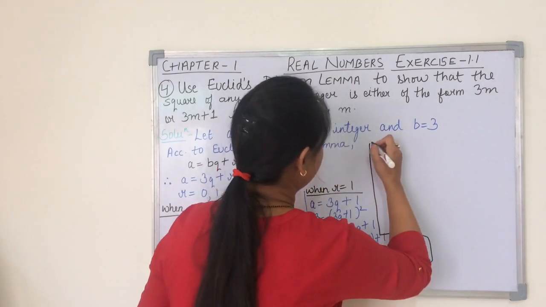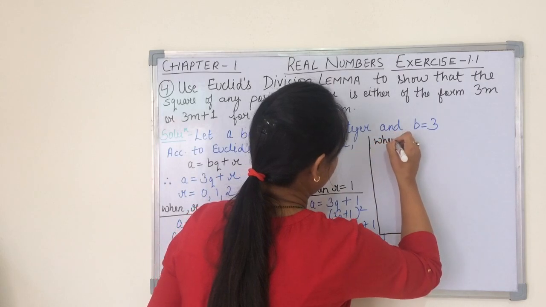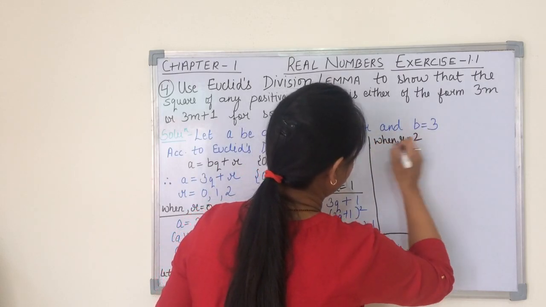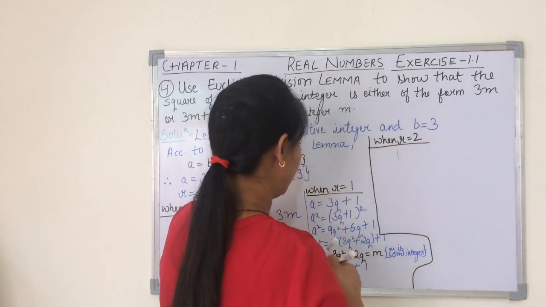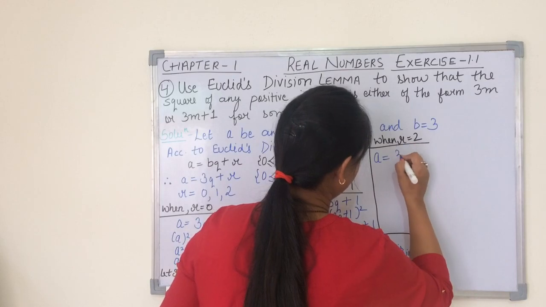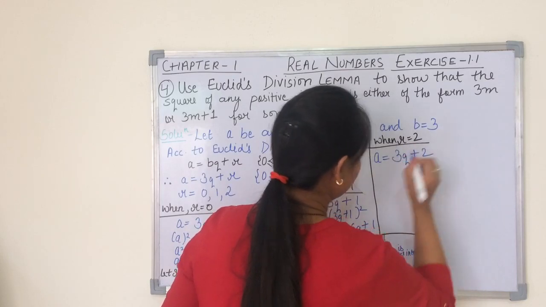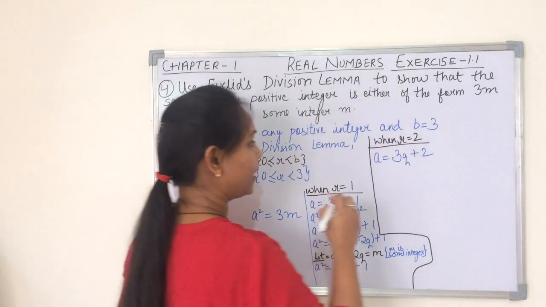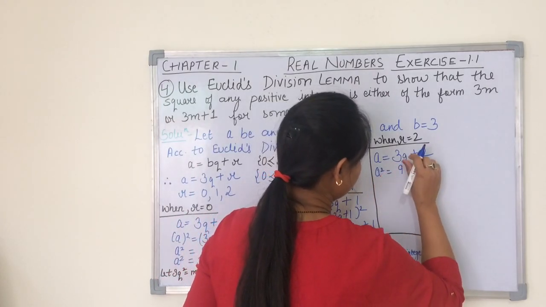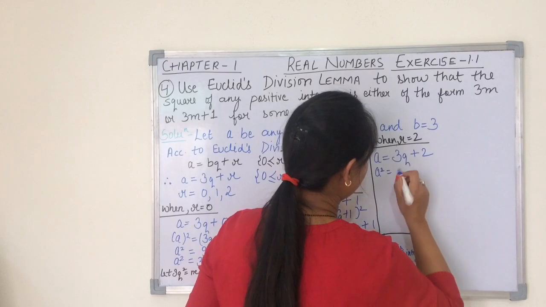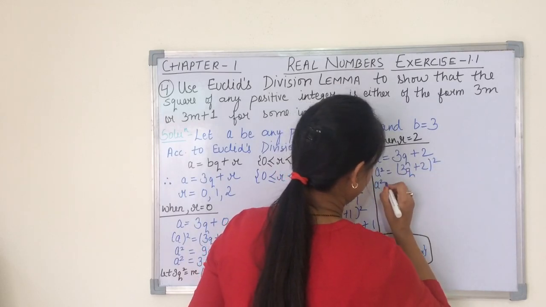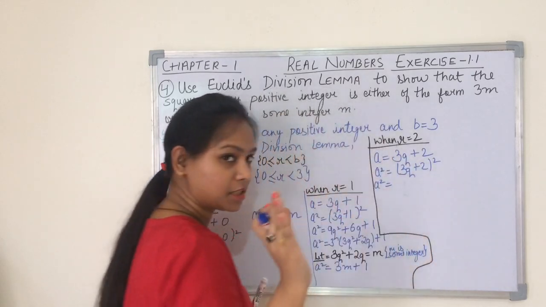Now in the third case, we will take remainder 2. When r is 2, what will be the value of a? The value of a will be 3q plus 2. Now let's square. a square is equal to 3q plus 2 whole square. Expand it in the form of a plus b whole square.